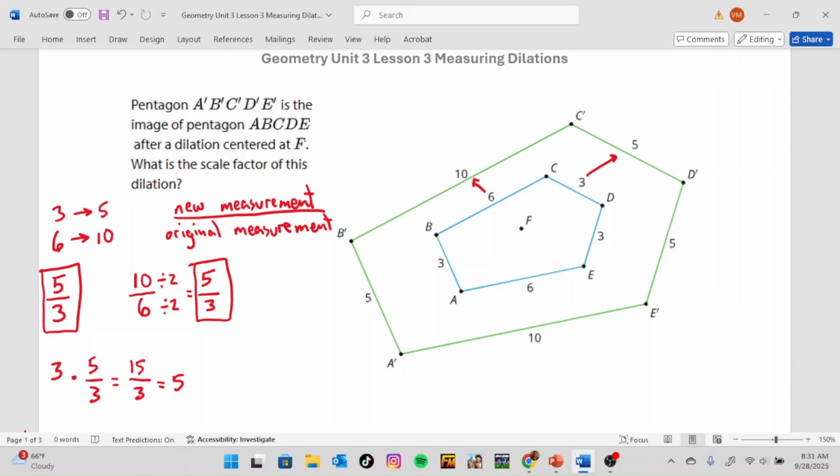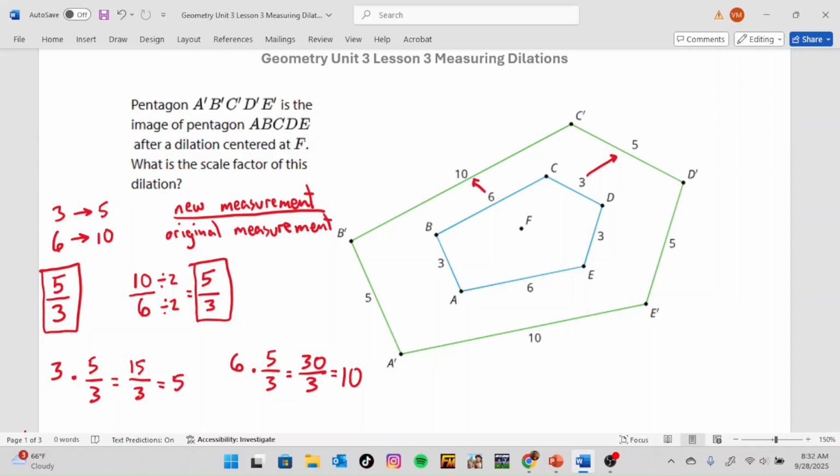And then if I want to try it with the other one, we had original measurements of 6. When I multiply that by 5/3, 6 times 5 is 30. 30 divided by 3 is 10. My lines that were 6 became lines that were 10. So we can see that that does work.